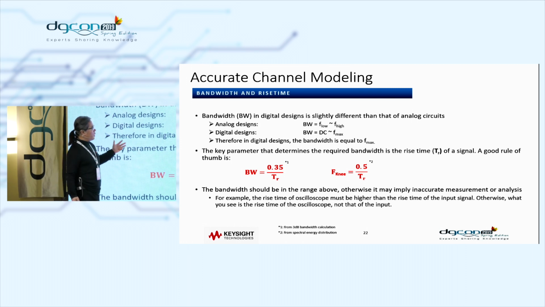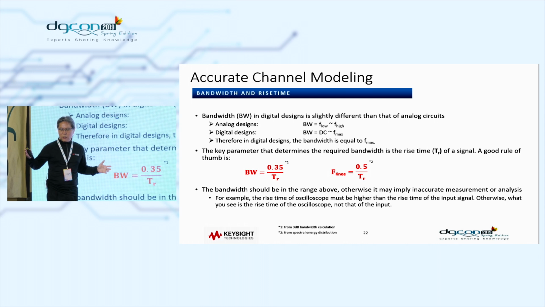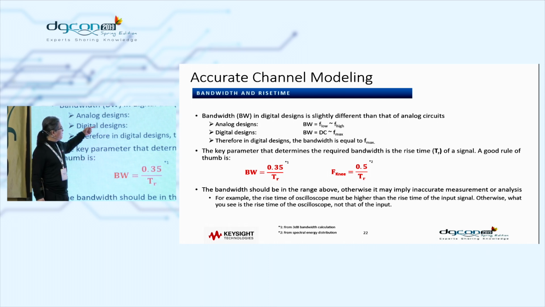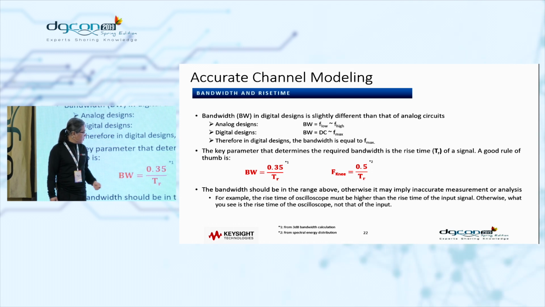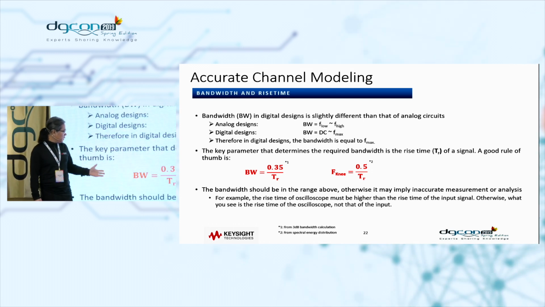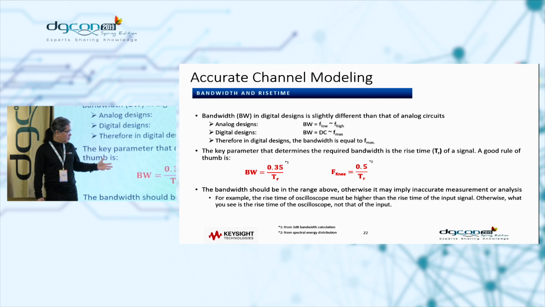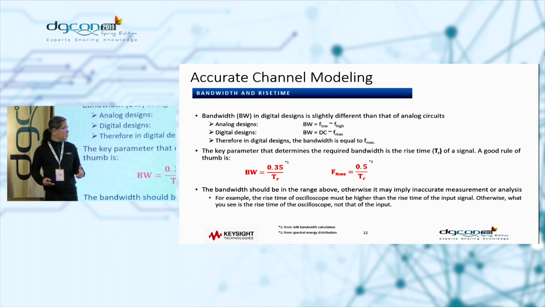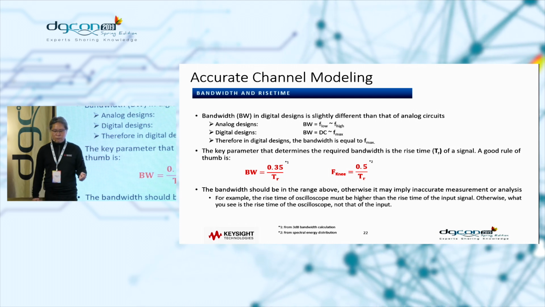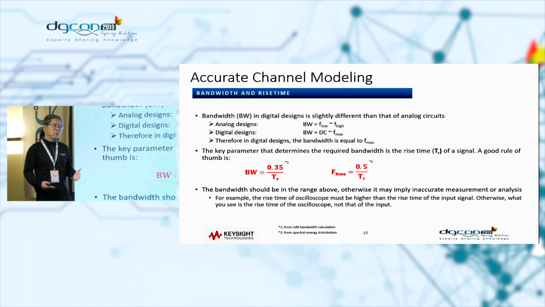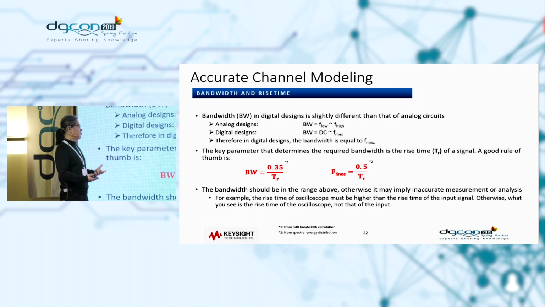So one way of calculating the bandwidth, especially for digital designs, is the very typical one based on the 3 dB bandwidth characteristic, using the simple formula of 0.35 divided by the rise time of the signal.